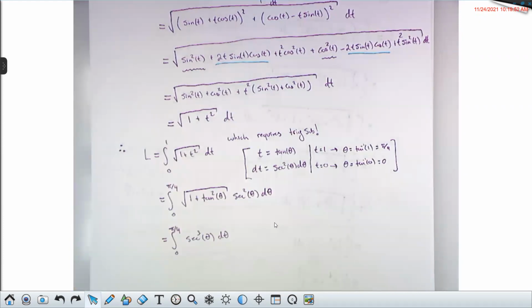Does anybody remember how to do the secant cubed integral? This is looping integration by parts.